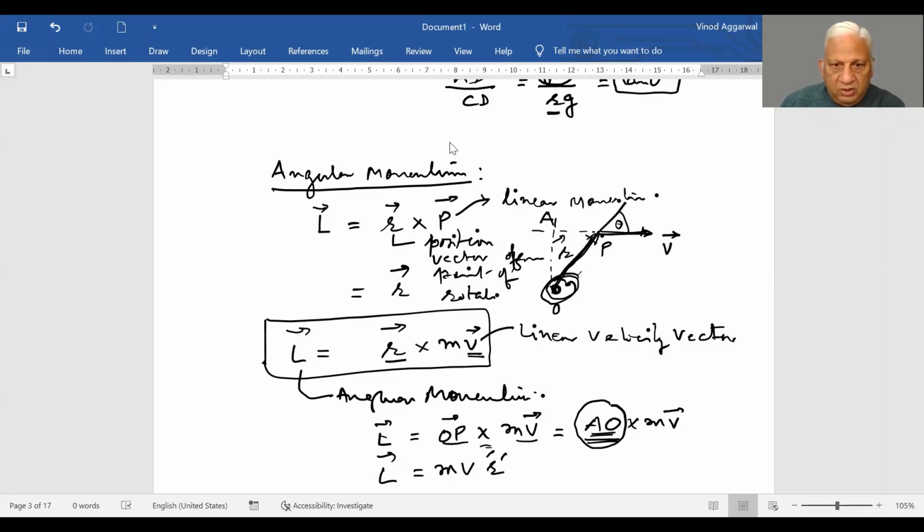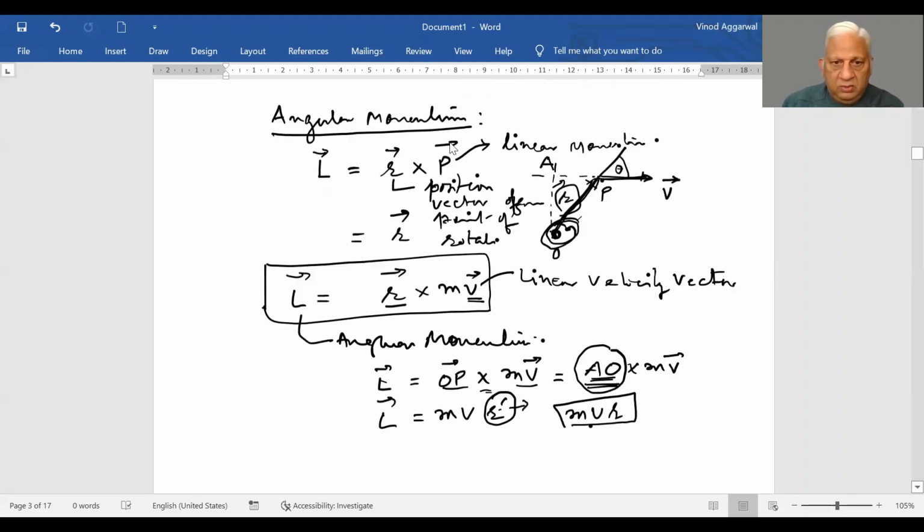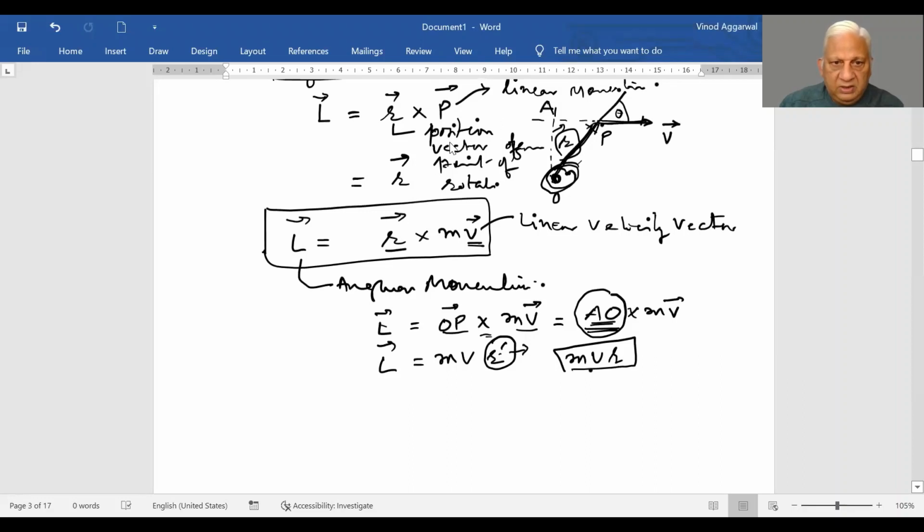Now, if we call this the shortest distance between the velocity and the point of rotation, and give it the nomenclature R, mind it, this R is different from this R, but for argument's sake, we make R dash as R. So we can define L as MVR, right?